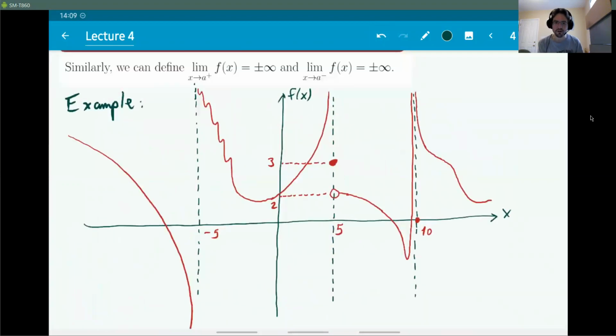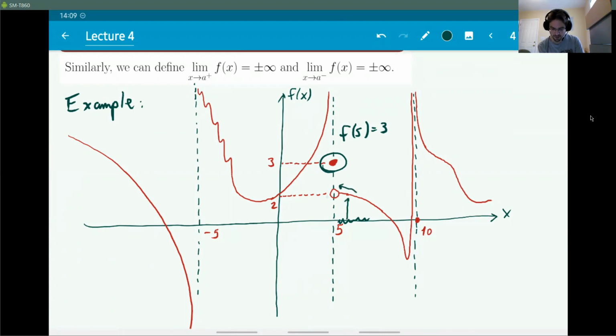The right limit is one that we actually already covered last time. What is happening to the function? First of all, f of 5 is 3. That's completely irrelevant if you're talking about limits. I just want to keep repeating that here. This point here is indicating the value of f of 5, but that's irrelevant for us. If you want to understand the right limit, you have to take numbers x close to 5 but on the right side and look at the graph and see what it's approaching.